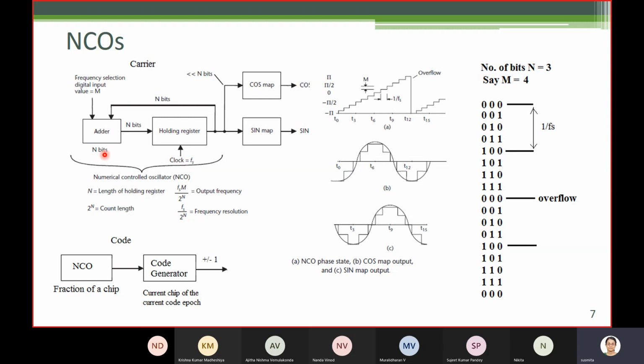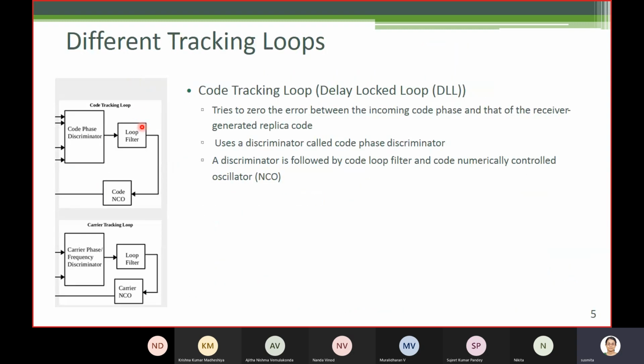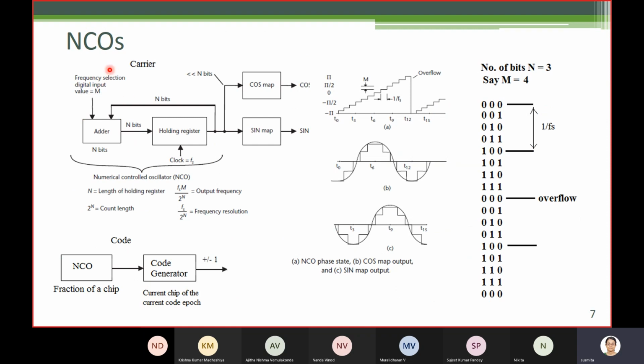Now, how can we use the carrier NCO to make corrections? The preceding component is the loop filter here. Based on the loop filter, the M value is adjusted, so that at the output we get the correct IF and correct Doppler.